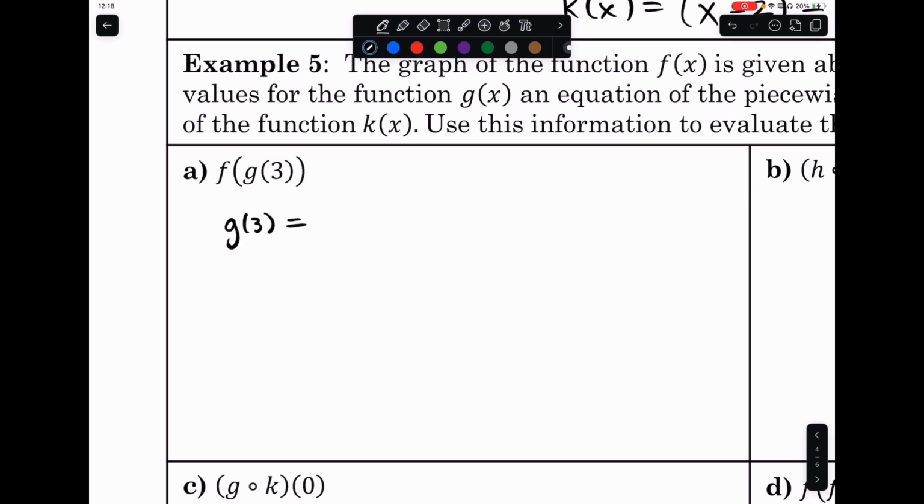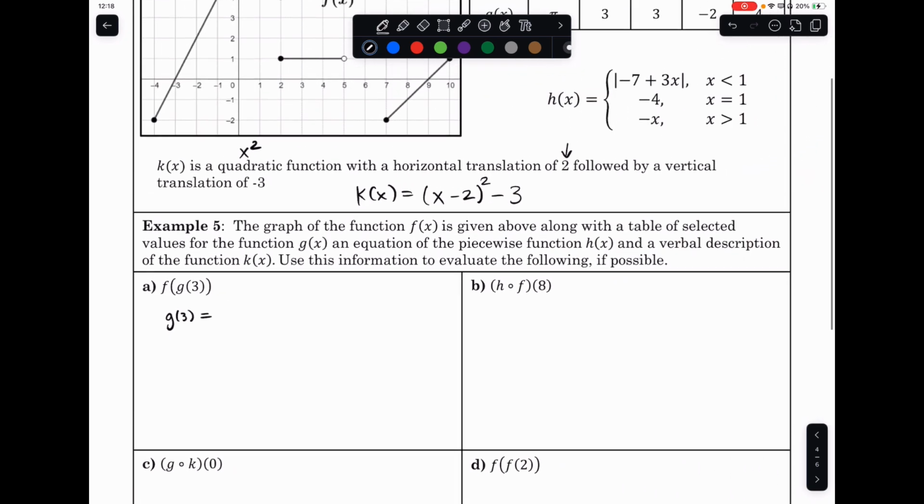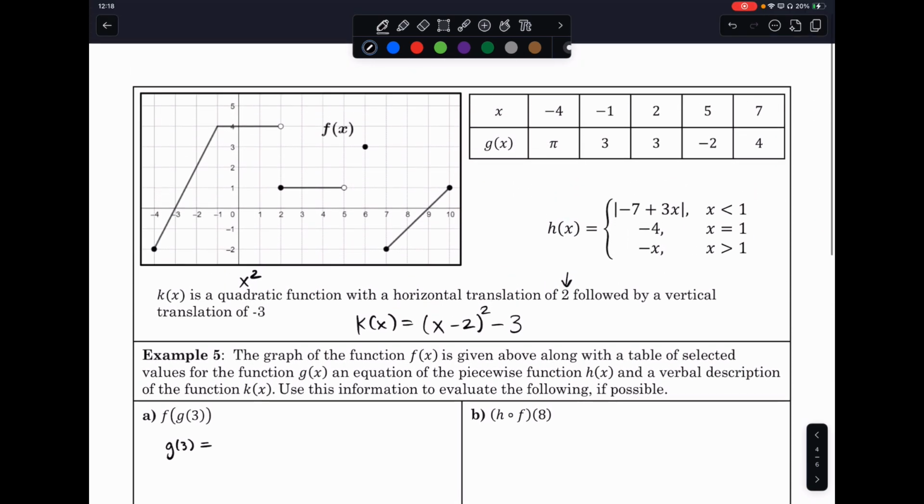Well, if I look at the functions up here, g is defined by this table. So to use the table to evaluate g of 3, I'm going to look for where the value of x is 3 and see what the value of y is. Well, notice that there is no value of x over here.